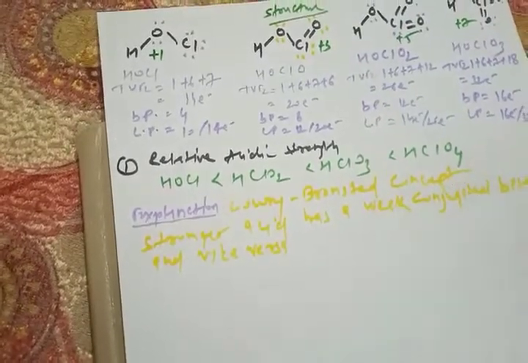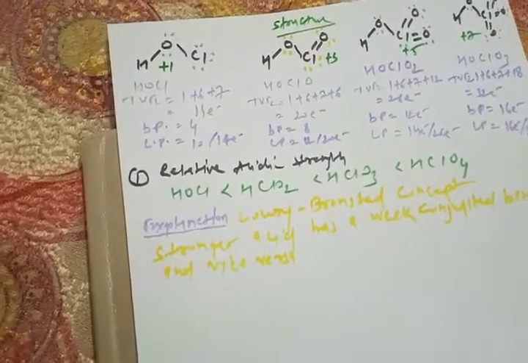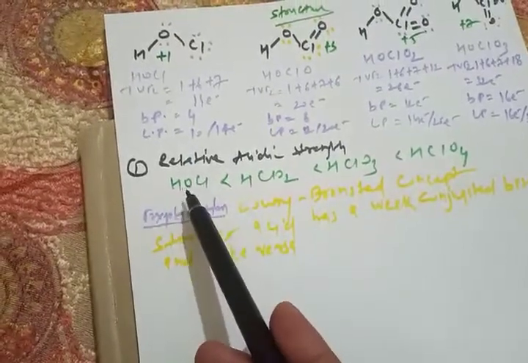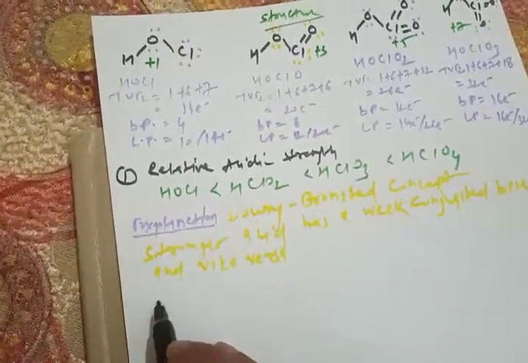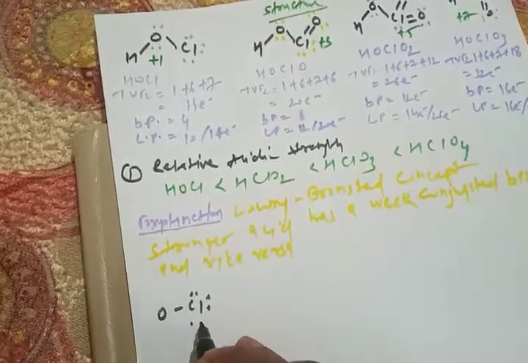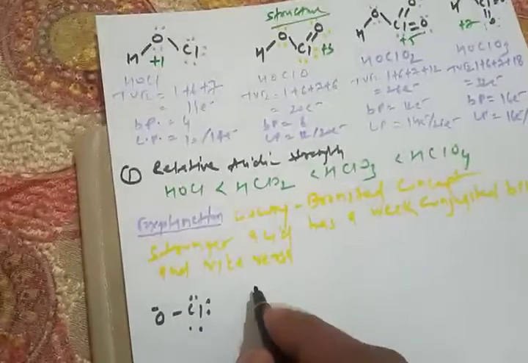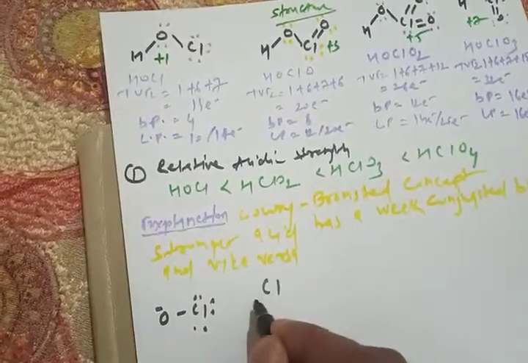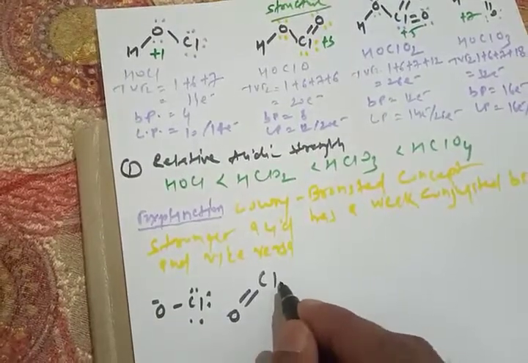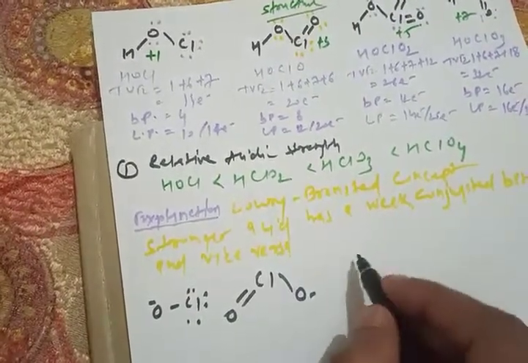Reason is what? And how will we find the conjugate base? By the removal of a proton. So by the removal of a proton, in this case the structure is OCl with lone pairs, and here is a negative charge. In this case Cl is double bonded with O and singly bonded with another O which has a negative charge.